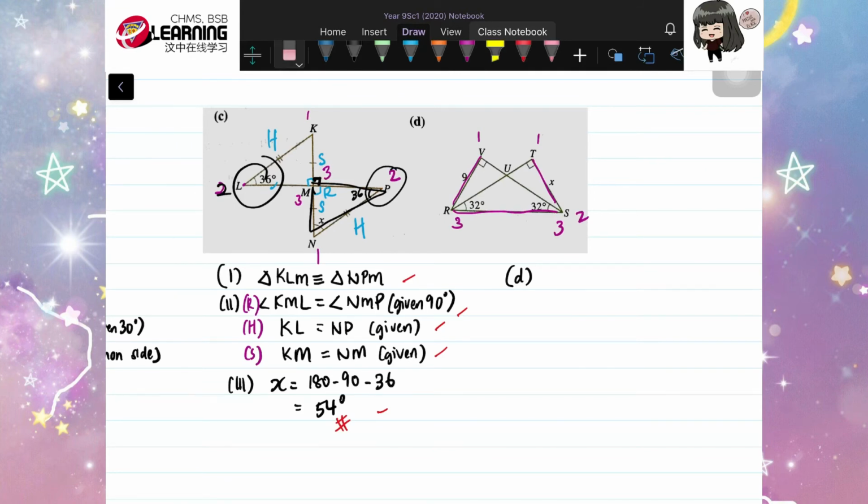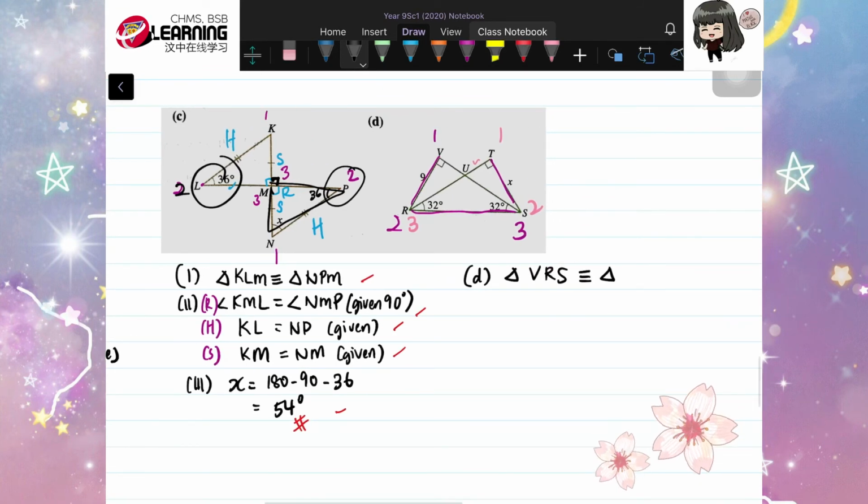Since it's the same, maybe I can write it in a different color. So triangle VRS is congruent to triangle TSR.